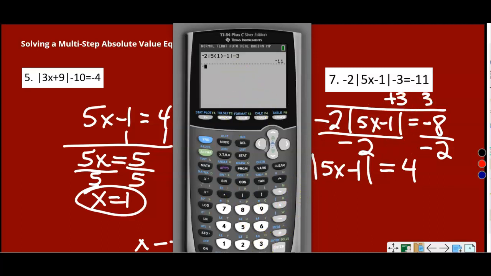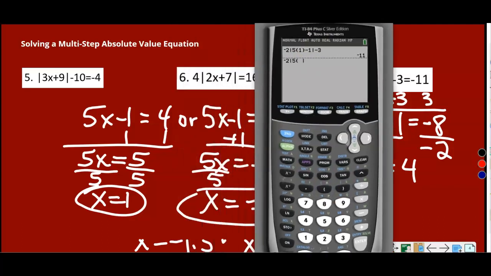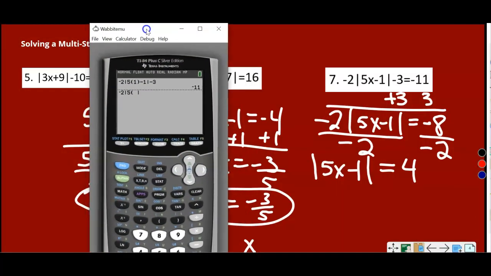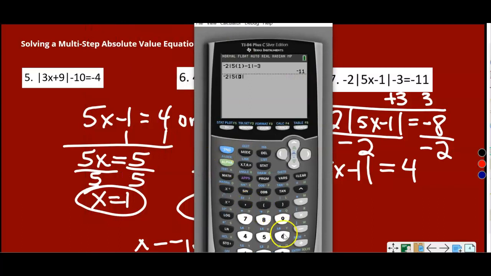So we're going to do negative 2, absolute value of 5 times, let's see, the other x we found was negative 3/5. So let's plug in negative 3/5.